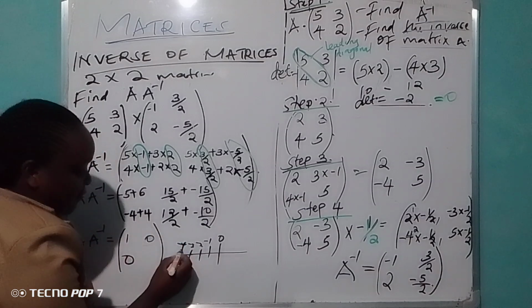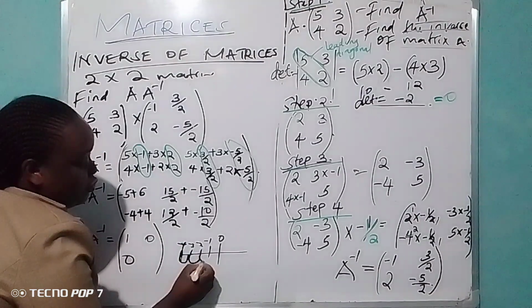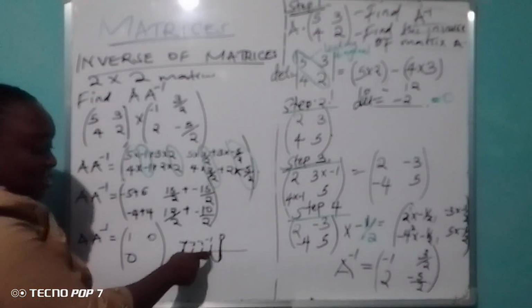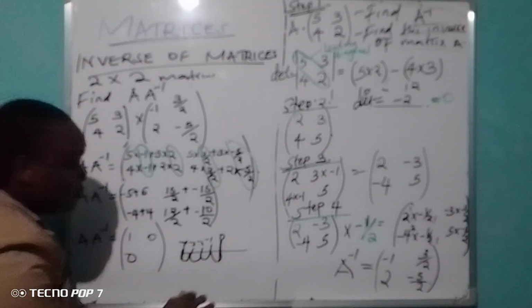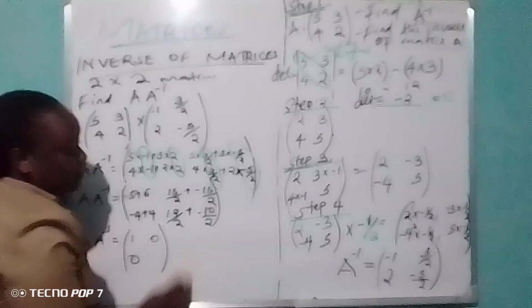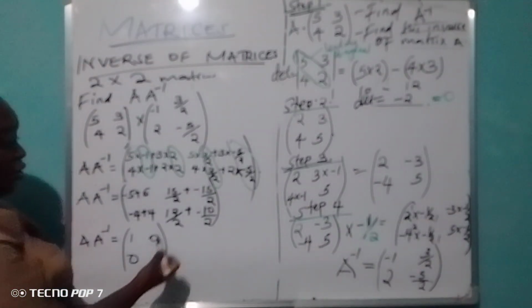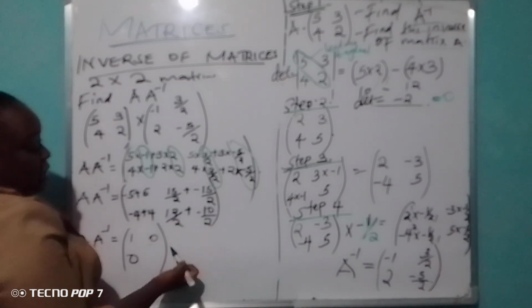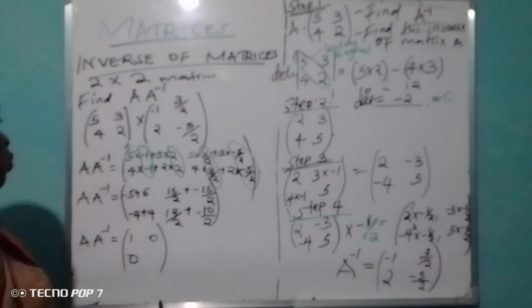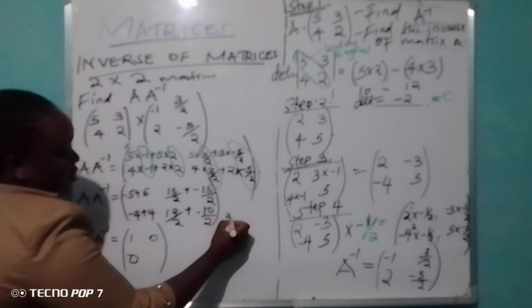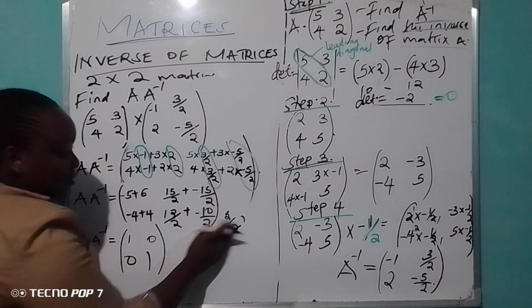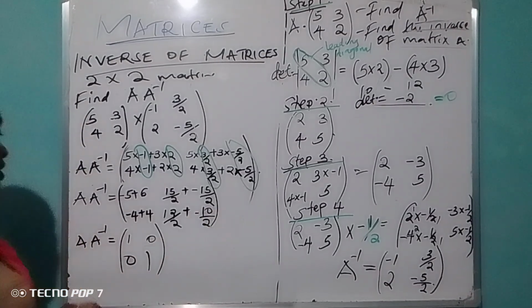So for -4 plus 4, 1, 2, 3, 4 comes to 0. These are very important, so I hope you remember them too. So 12 plus -10, so it's 2 over 2, which is 1. Okay, so you get 1.